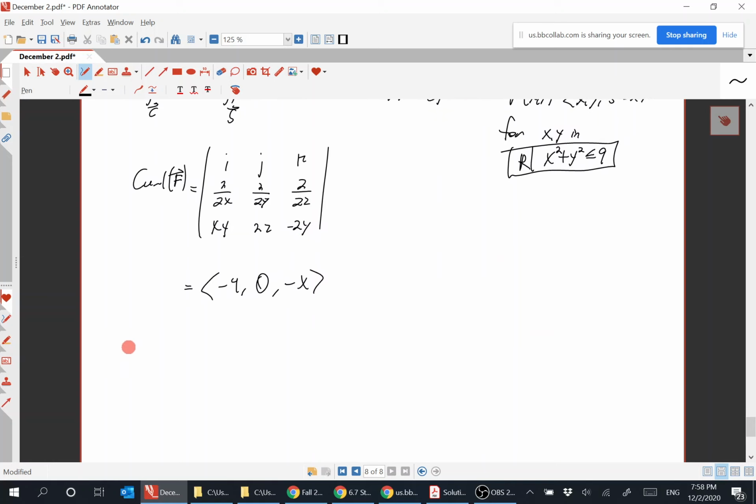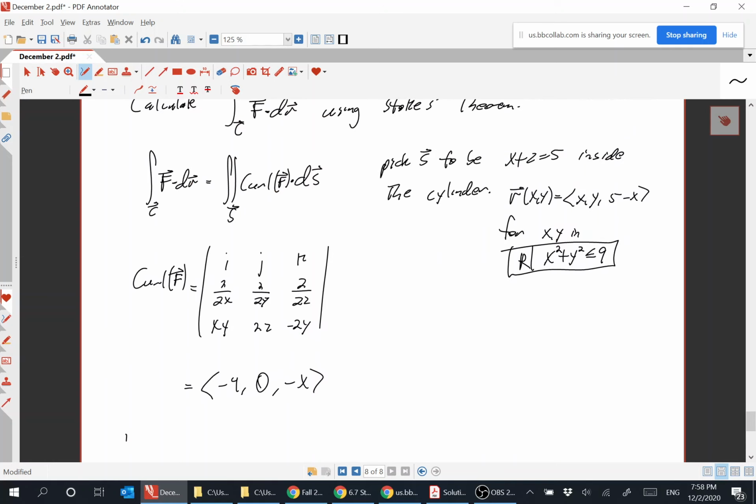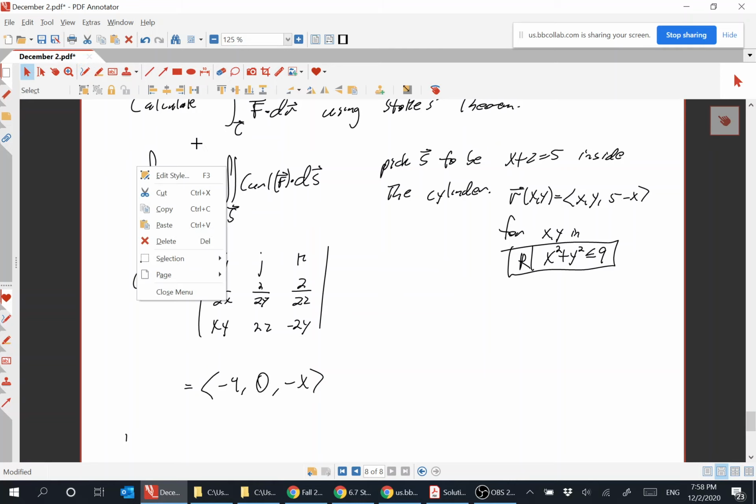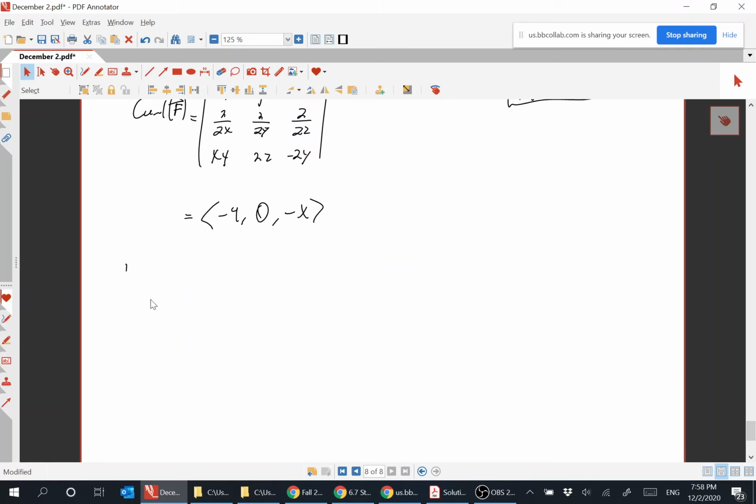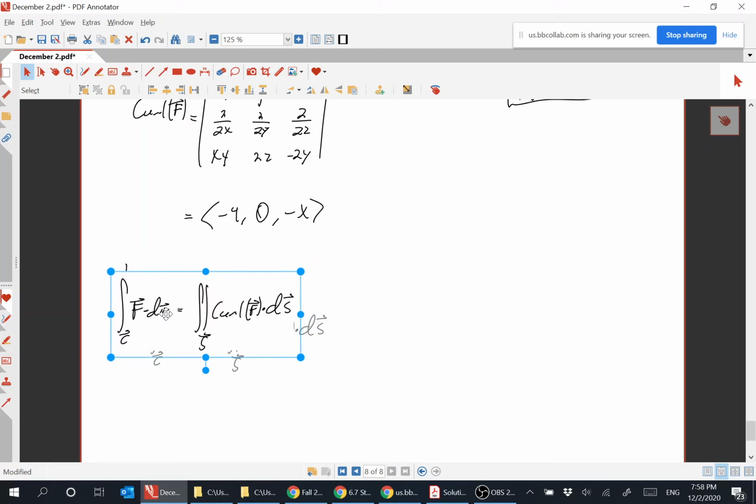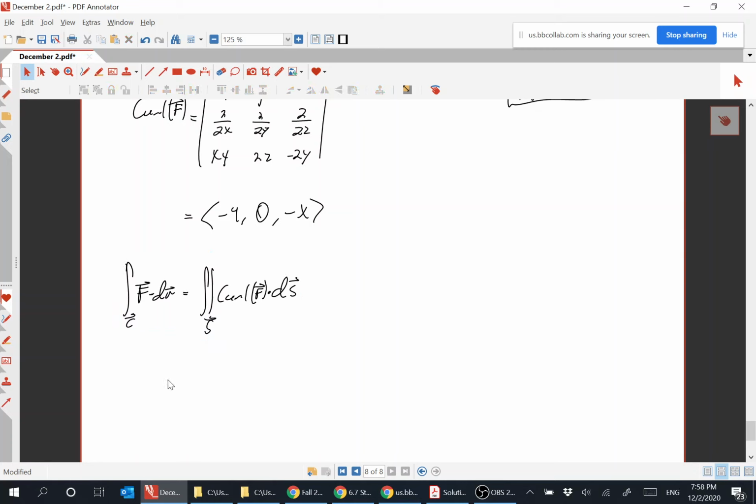So the line integral over C is equal to, via Stokes' theorem, the surface integral of the curl of f dot dS.